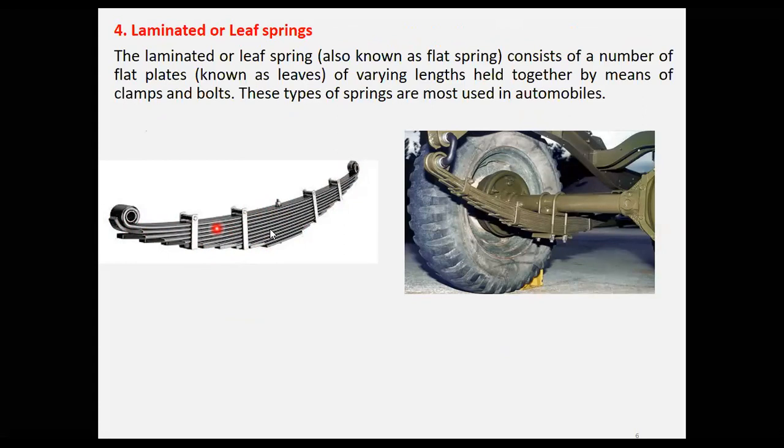To join all these, there is a center bolt. Here they make the hole to join all these things with the center bolt. After that, all the leaves or flat plates are joined by clamps and bolts. Like this, they join all the flat plates together. Then it forms the leaf spring.